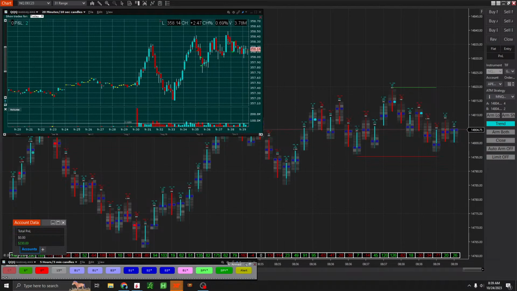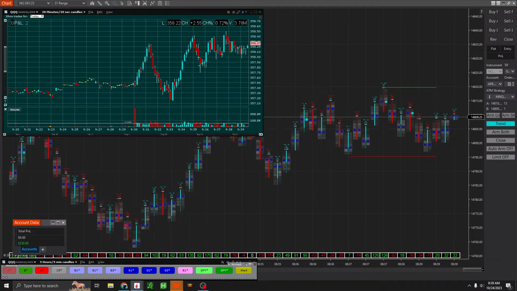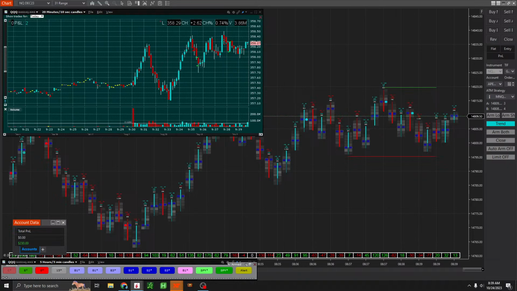I want to put on another position because it seems like the market is kind of stabilizing here. For the monthly 2112. So what I'm going to do is, what do I put on?